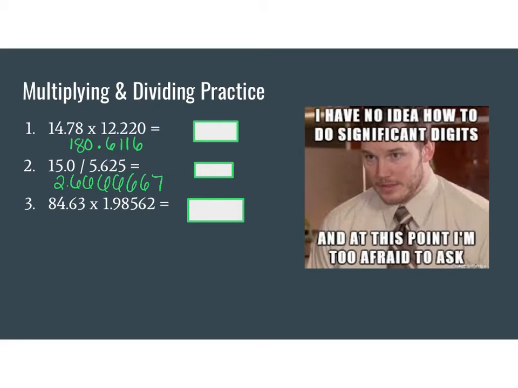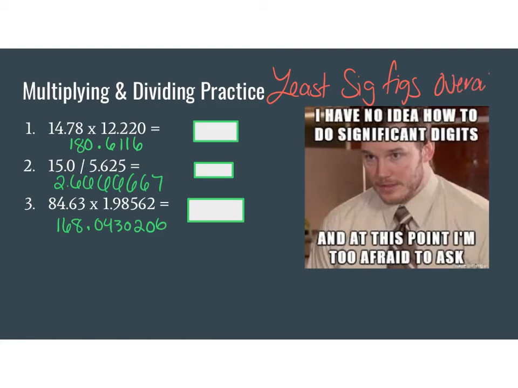And number 3, I had 84.63 times 1.98562, and I ended up with 168.0430206. So see, that's a huge pain to actually write them out like this. So what we're going to do is use our rule, which is least sig figs overall.